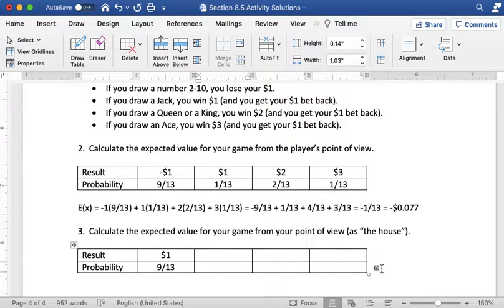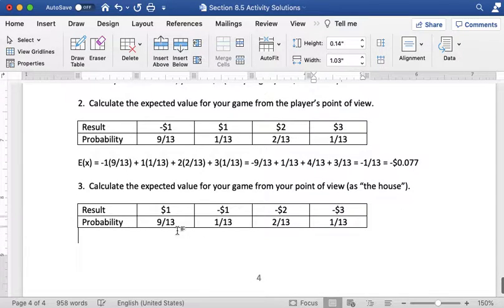If you draw a jack, the house loses $1 because they are giving you your $1 bet back, and they are also giving you the $1 that you win. So that's a net result of -$1, probability of 1/13. If you draw a queen or a king, the house loses $2 with a probability of 2/13. And if you draw an ace, the house loses $3 with a probability of 1/13.